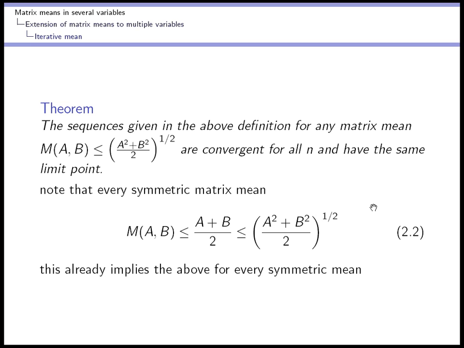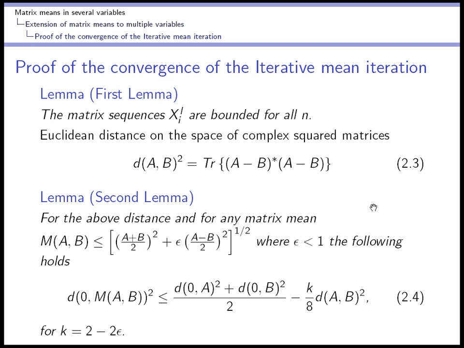Now, because of the limited time, we skip the proof of this theorem. I will tell mainly the basics. The proof is based on a very standard argument in analysis. First of all, we show that the sequences are bounded. And then we consider subsequences.